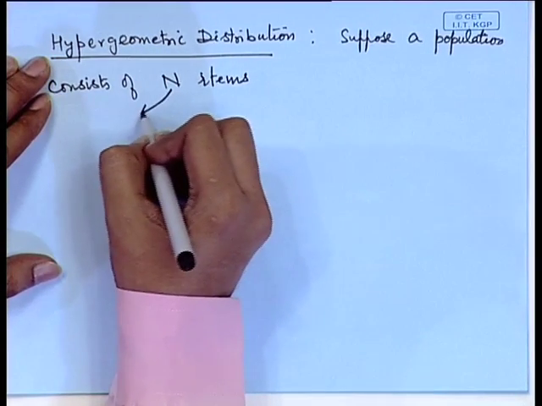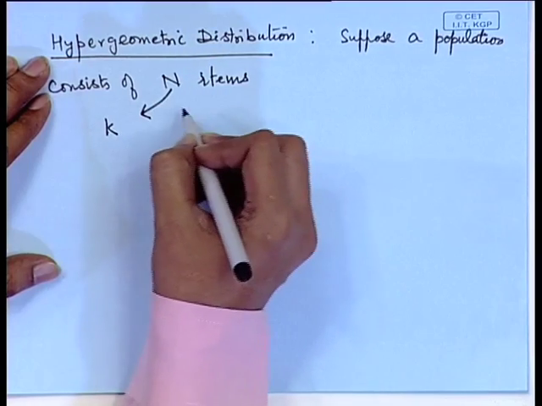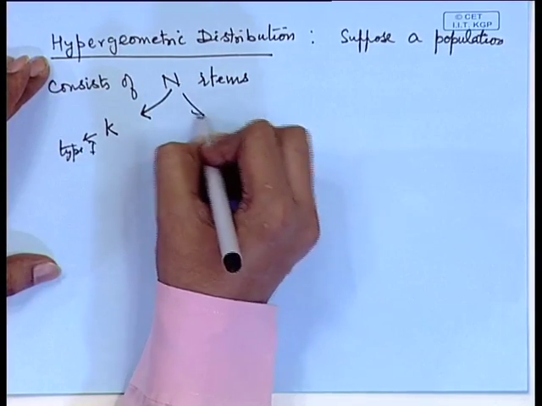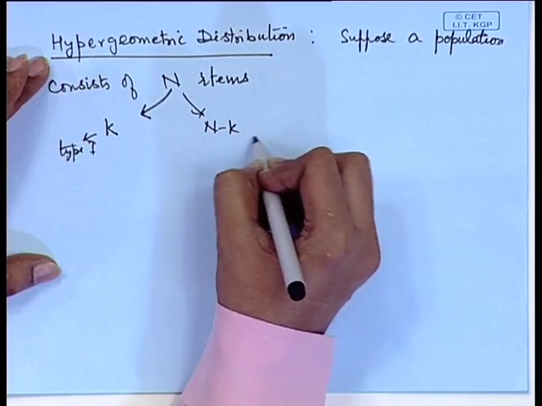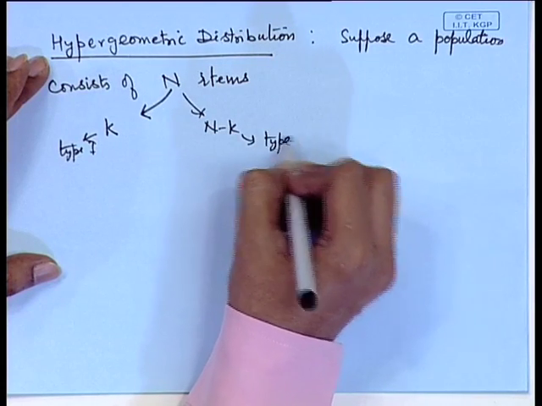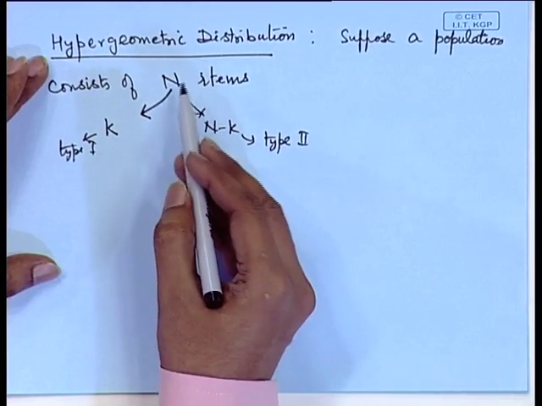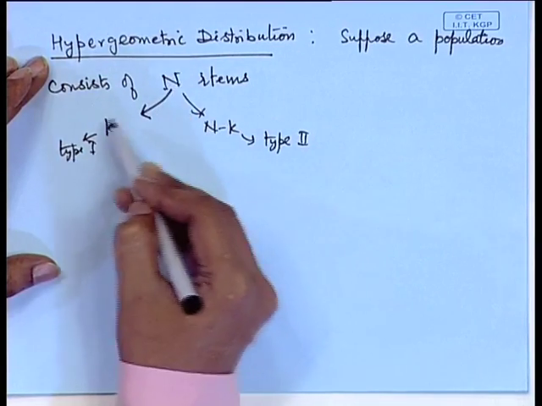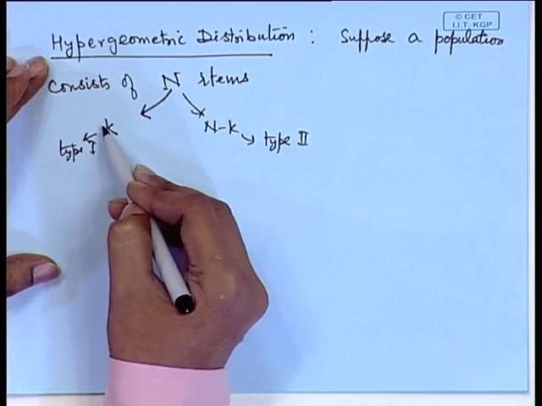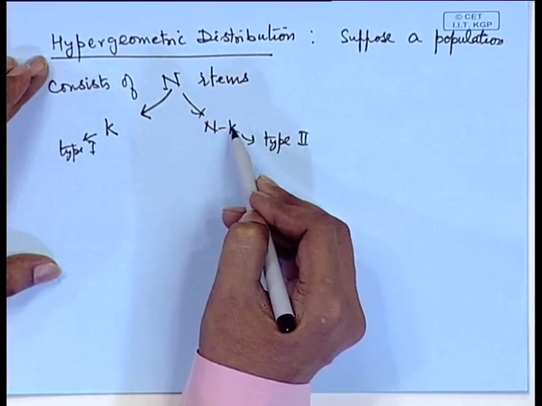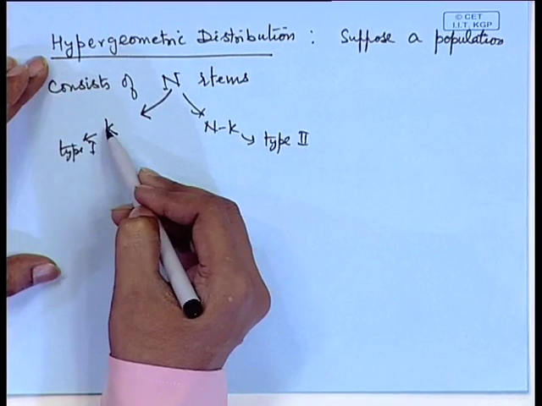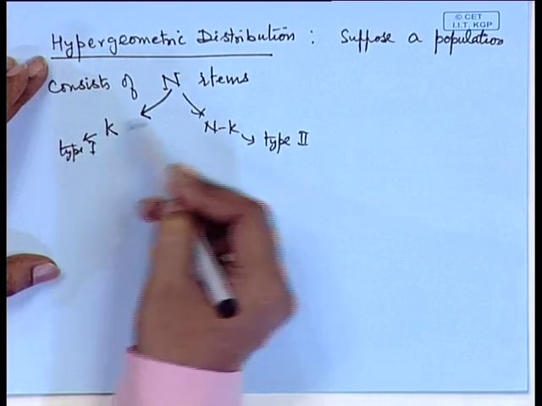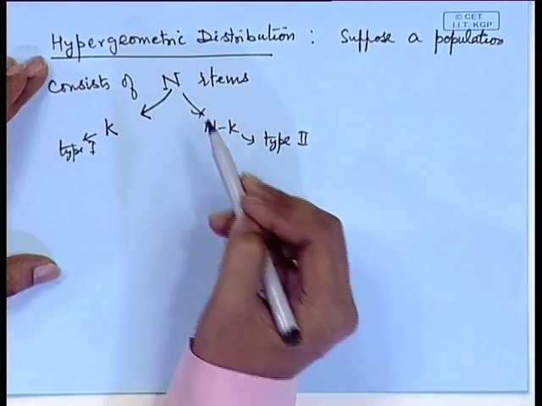Now, out of this, k things are of, say, type 1 and the remaining n minus k things are of type 2. So, you can think of, in a population, how many males and how many females are there, how many are smokers, how many are non-smokers, how many are infected with a certain disease, how many are not infected, how many are of a particular educational level, how many are below that educational level, etcetera.